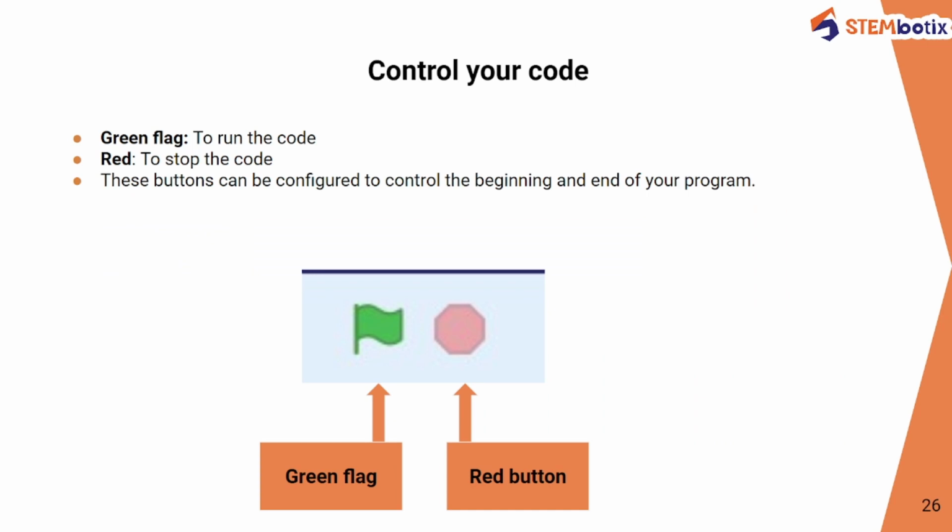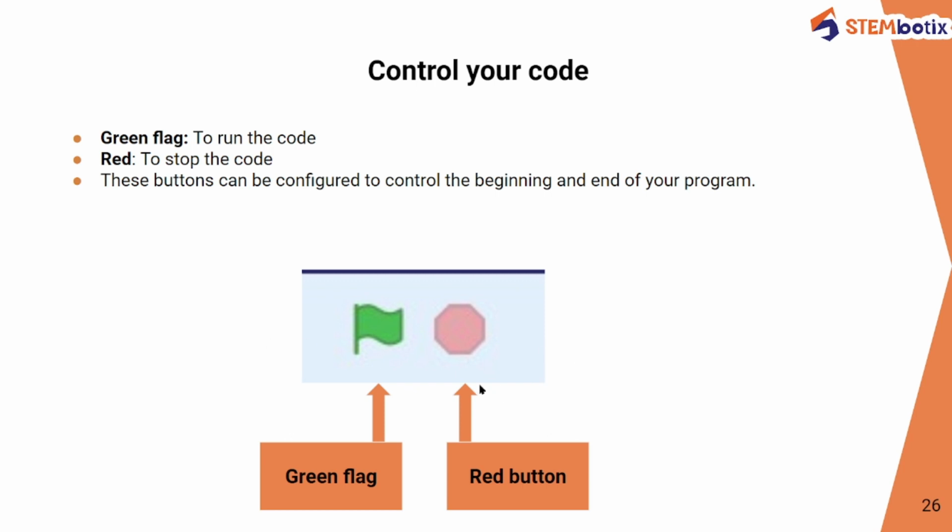After editing the stage, sprite and sound, you are going to add your code, and after coding the sprite and the stage, you will have to control your code, meaning you have to run and stop to see the result. This green flag is used to run your code, and this red button is used when you want to stop your code.